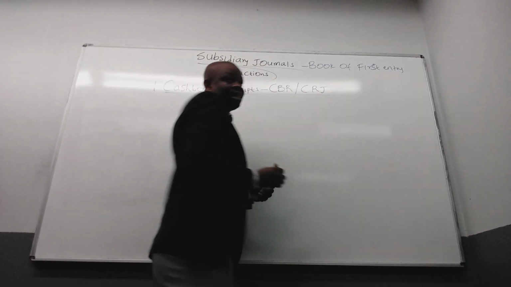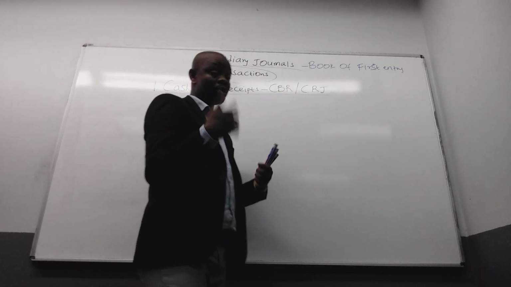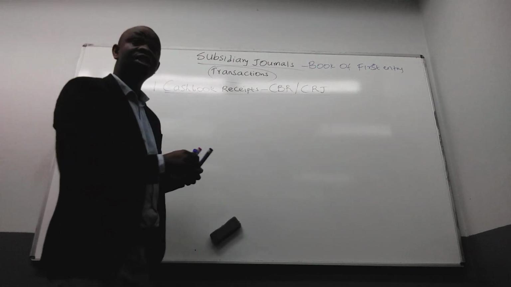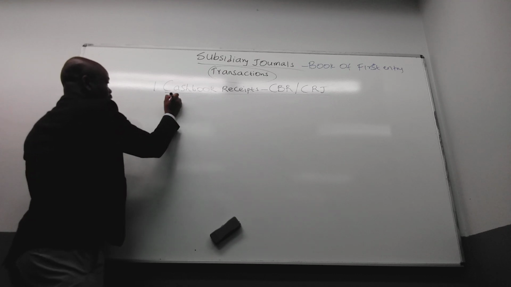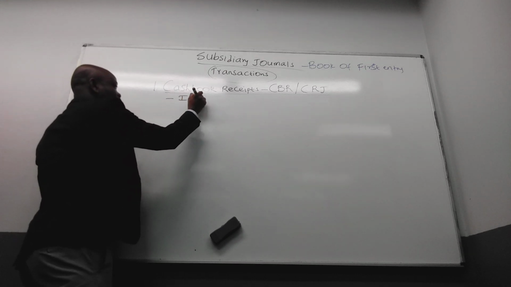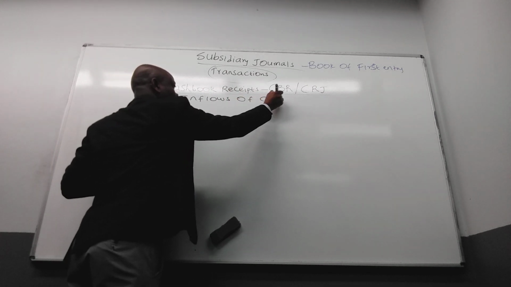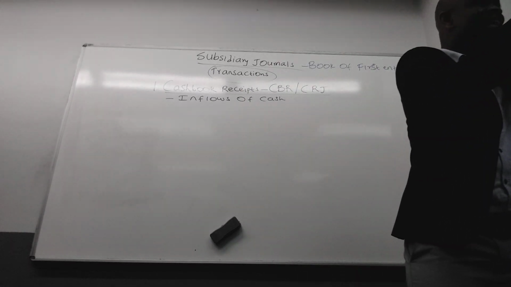Remember, we need to understand this. I know I gave you some notes, but we need to talk about what we normally record. In a nutshell, here we record all inflows of cash, meaning the cash receipts.